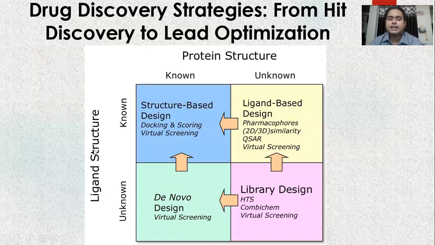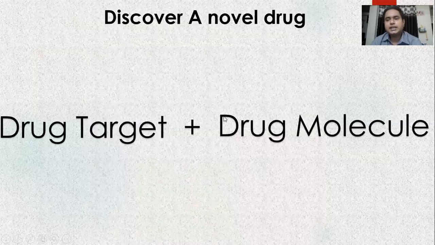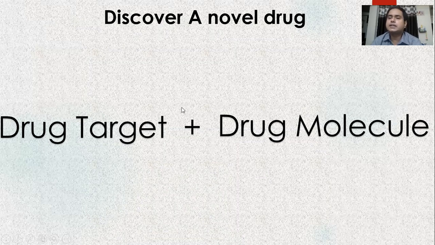If the ligand structure is unknown and the protein structure is also unknown, then you will design a library using high throughput screening, combinatorial chemistry, CombiChem and virtual screening. So you just need a drug target and a drug molecule to discover a novel drug.